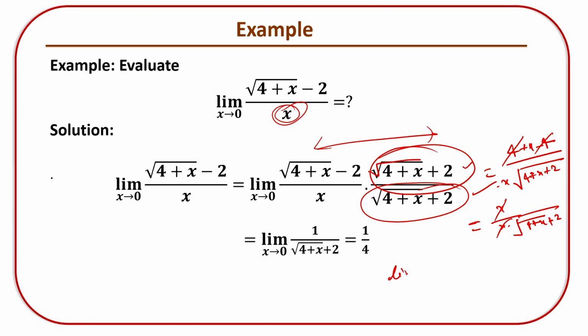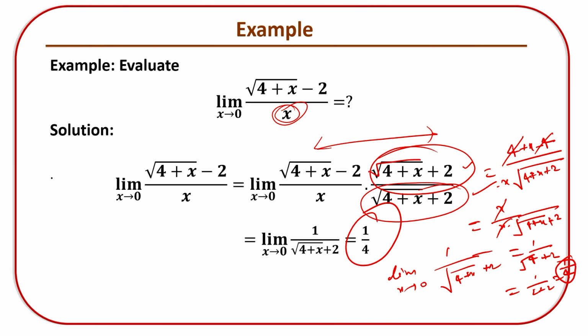Take the limit now, x tends to 0: 1 divided by (square root of 4 + x plus 2). So, this will be 1 divided by (square root of 4 plus 2), which is 1 divided by 2 + 2, equal to 4. So, the limit is 1 by 4.